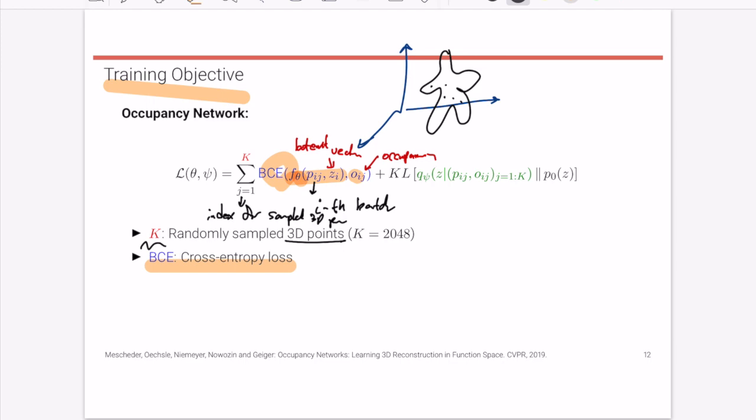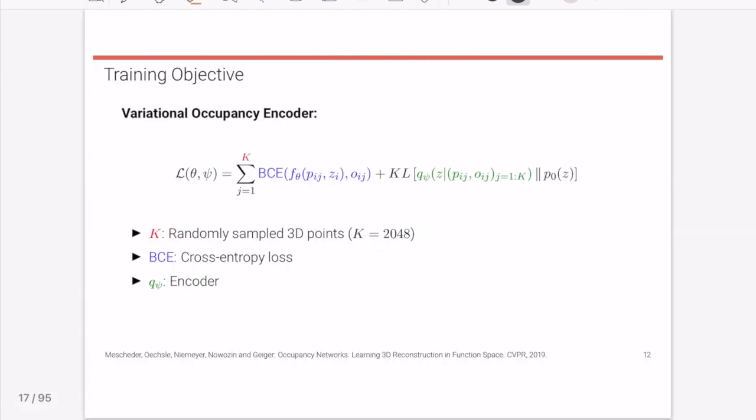But in the original paper, they additionally design a KL divergence loss given a prior distribution.